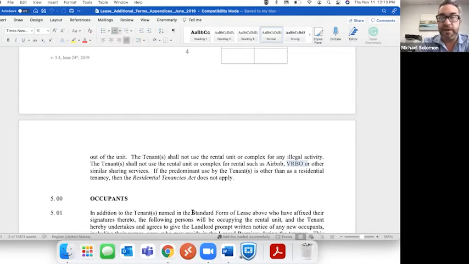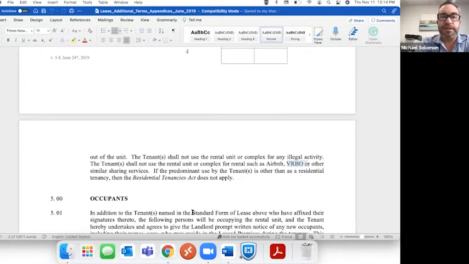So that clause definitely helps to mitigate those who are self-employed from creating some sort of business out of the home that could potentially be an issue. And the reason you don't want them to do that is because your liability insurance as a landlord may not actually assist you in a situation where there was a slip and fall that was business related.